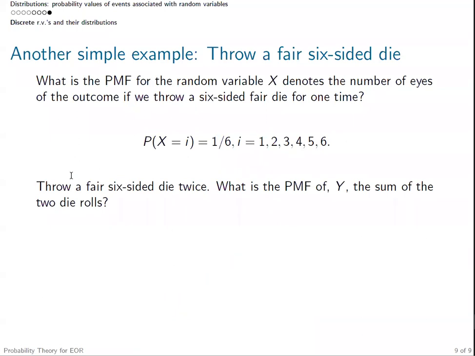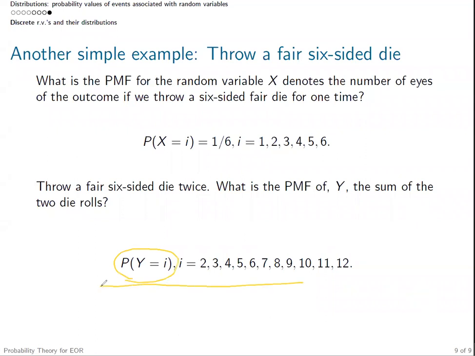Now, if we throw a fair six-sided die twice, what is the PMF function of Y, the sum of the two die rolls? You can pause the video here and think about it yourself. Well, essentially, if we want to specify the PMF of Y, we have to calculate the probability of such events, right?